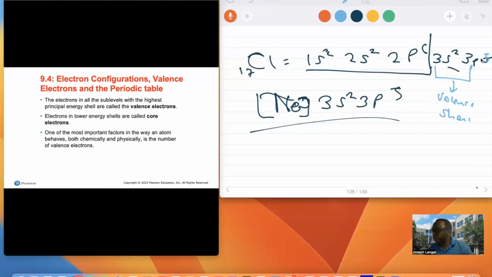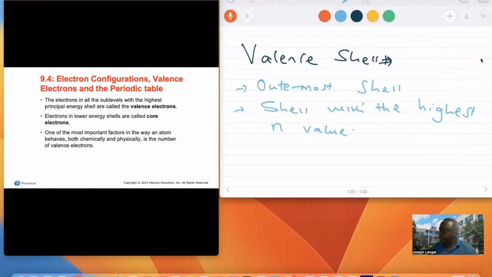So here is 2 plus 5 equals 7 valence electrons for chlorine. You don't need to write the electron configuration to determine the valence electrons in an atom.